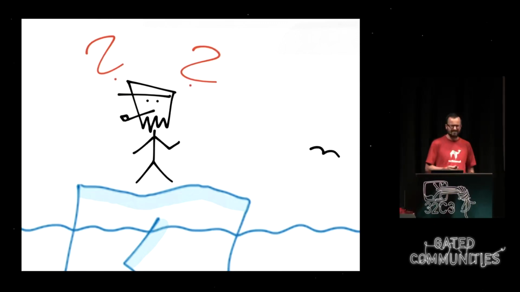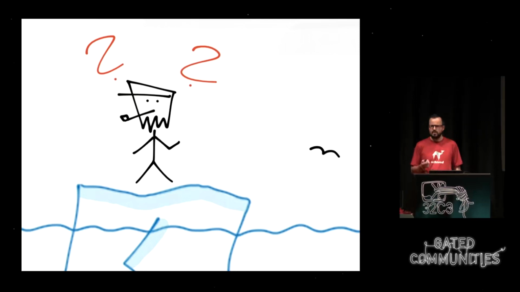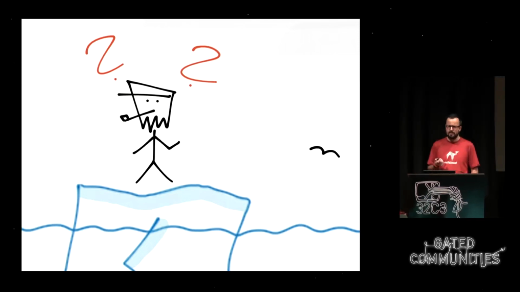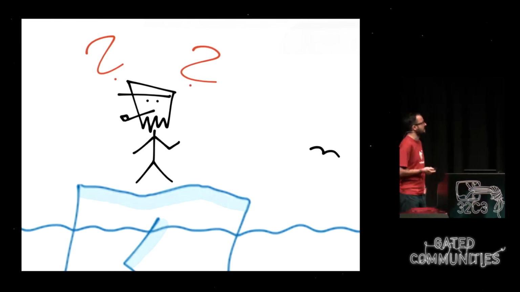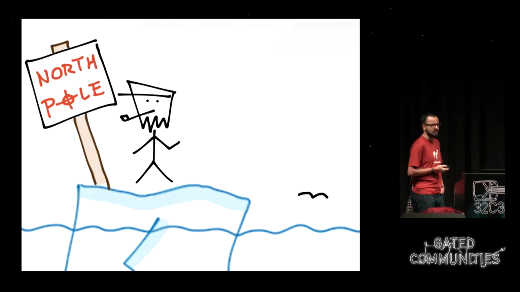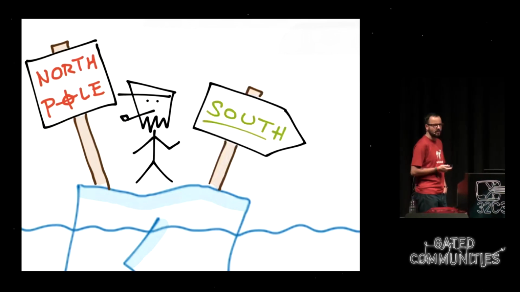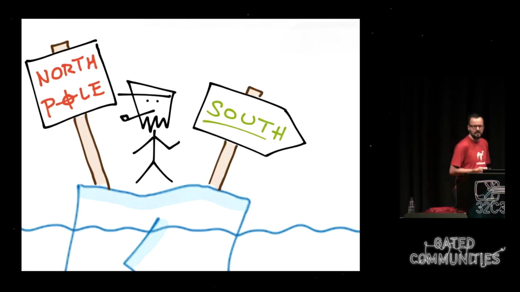Actually, he's on the iceberg and he has two big questions in his mind: where the hell am I, and where should I go. And we can help him a little bit with it. He's on the North Pole, and obviously he can go to the south, because from this place there isn't any other option.